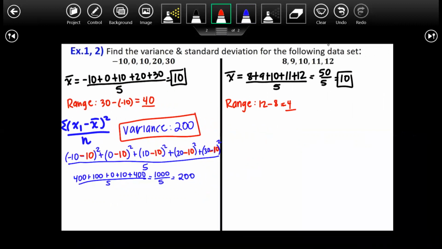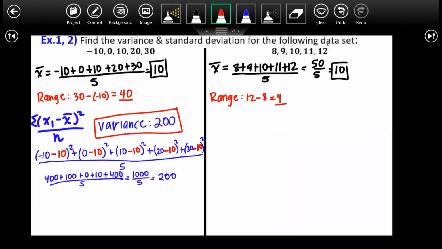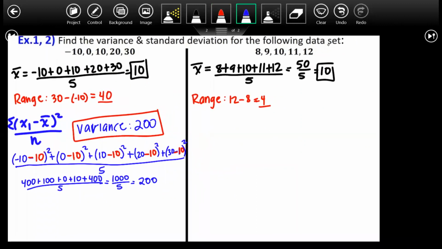If we do the similar thing to the right, to get the variance, again, the variance is looking at all the numbers added together, subtracting them from the mean, and then squaring them. Doing the same points for these, we're going to do 8 minus the mean squared, plus the next data point, which would be 9 minus the mean.